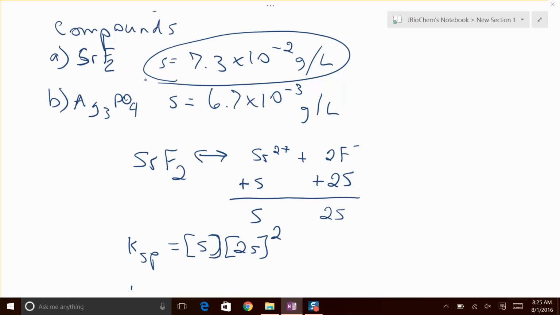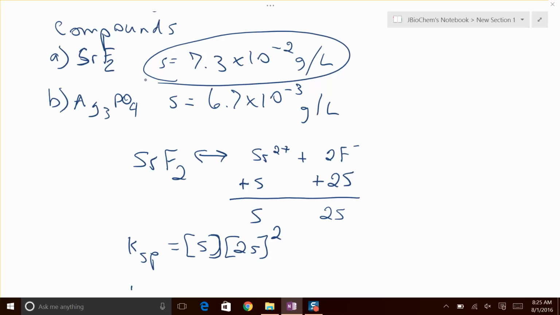Molarity is molar solubility. So this is in grams per liter, not molar solubility, so what do I do to it? Find the molar mass of SrF2 and convert that from grams to moles. Then it will be in moles per liter, which you want.